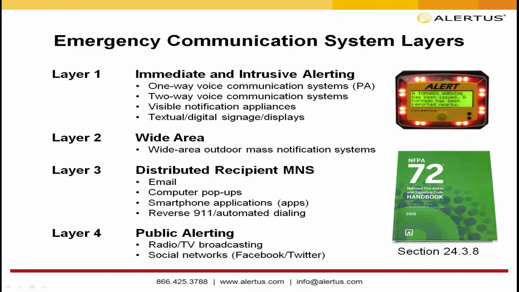The code specifically states that audible notifications need to be, I believe, at least 64 dB, or at least 15 dB over the ambient noise of the location or the facility.